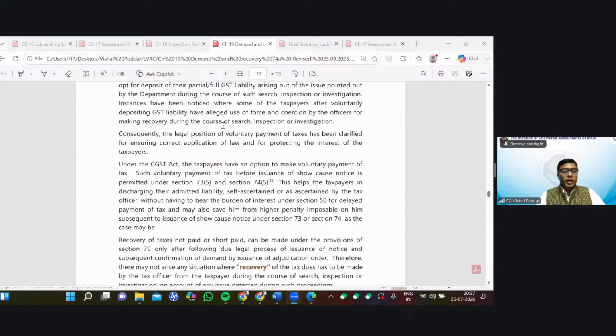The courts in many cases have given this type of decision that despite the circular saying that you should not forcefully recover, if still the officer during the time of any action proceeds to recover the tax, then the courts have in many cases said that the amount paid has to be refunded.